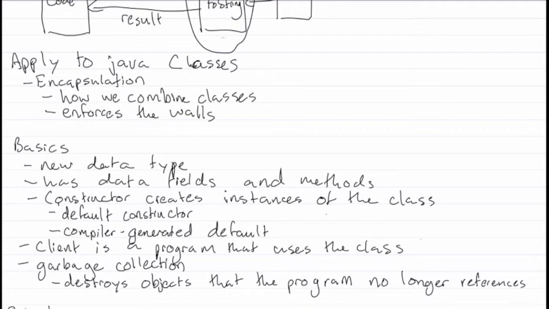So it hides things from programmers and only allows us to access some things. This is how we combine classes within our programs. We can only call certain methods, and we can't access certain data, say instance variables. We don't usually have the ability to access that, and it allows us to combine those classes together and use them.